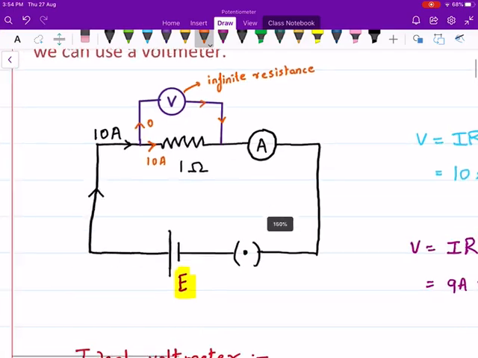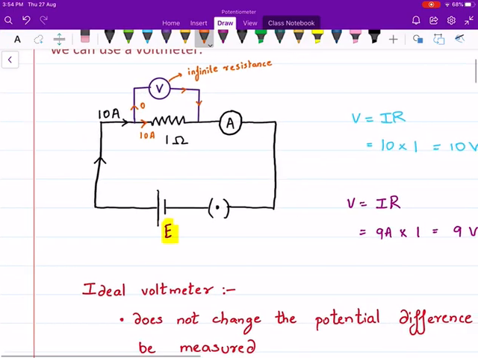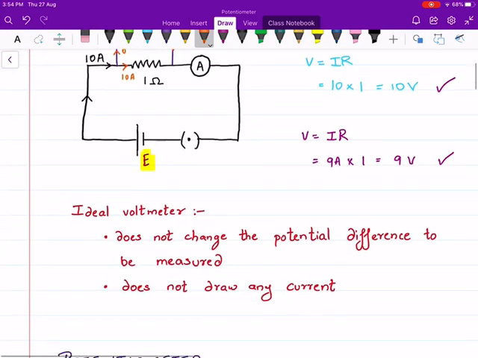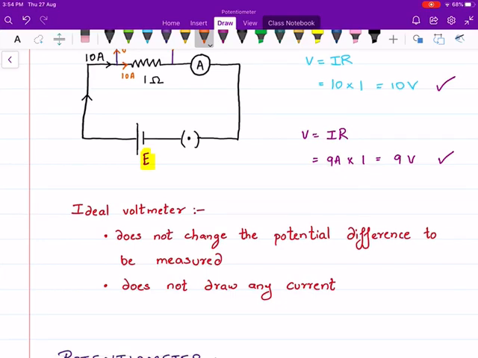Right? So we need a voltmeter which is ideal to get the accurate reading. What does an ideal voltmeter mean? Ideal voltmeter means that this voltmeter does not change the potential difference to be measured. If the potential difference is 10 volts, it will measure as 10 volts and not 9 volts. Okay, and it should not draw any current from the circuit.